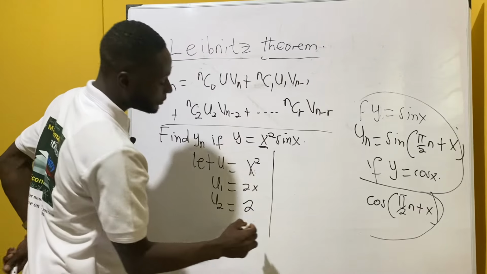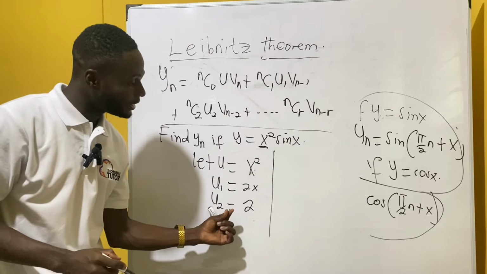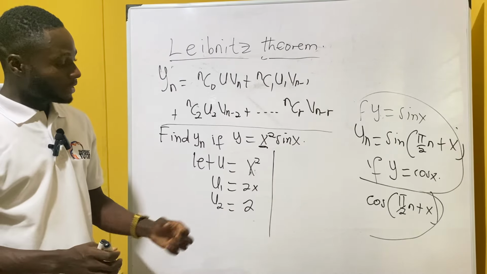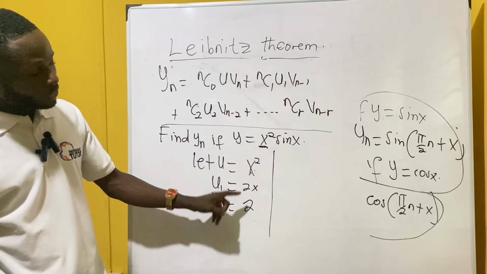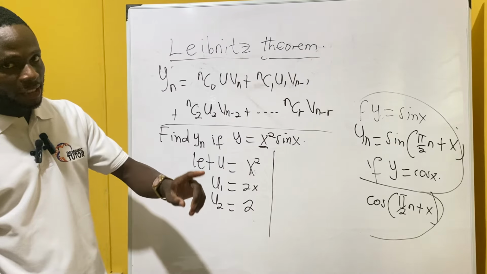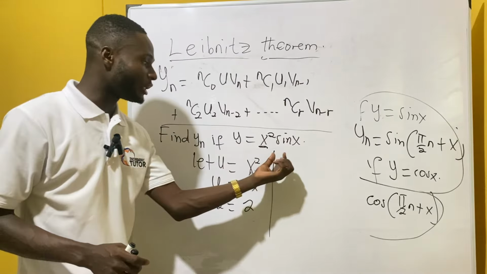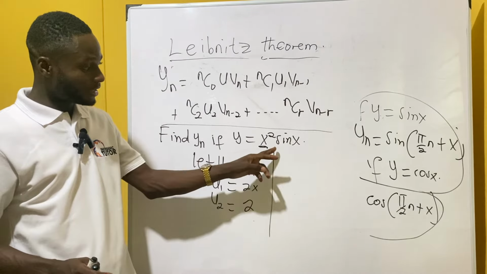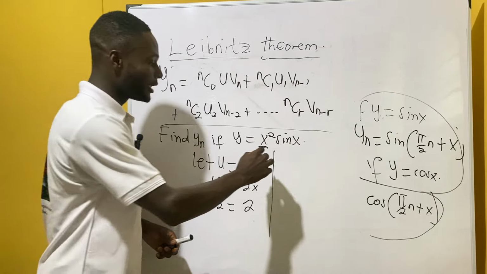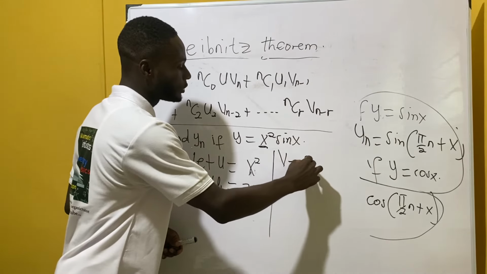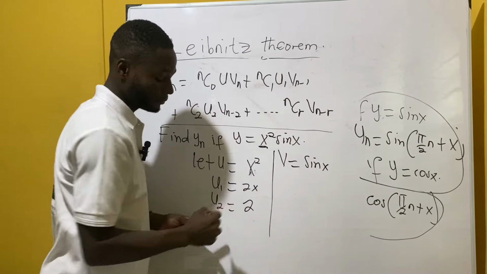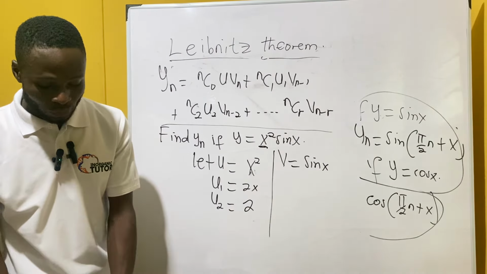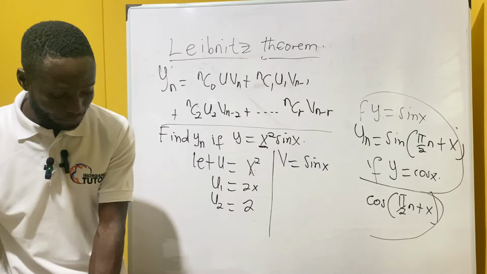And now that we have identified the function that we can differentiate down to a constant, we identify our other function, which is sine x. So we can say that our v is equal to sine x, and that is very simple.